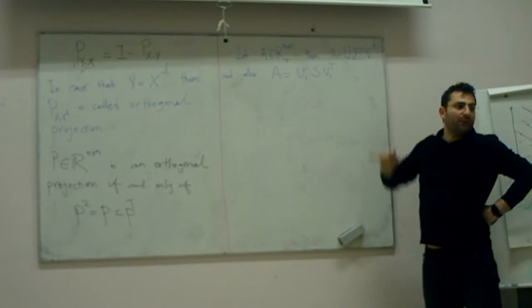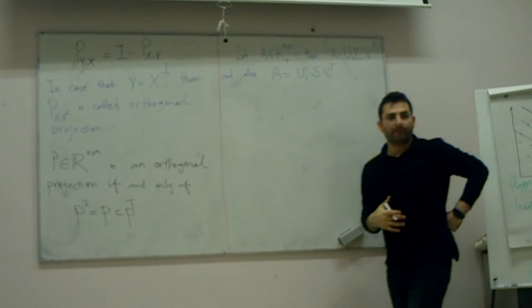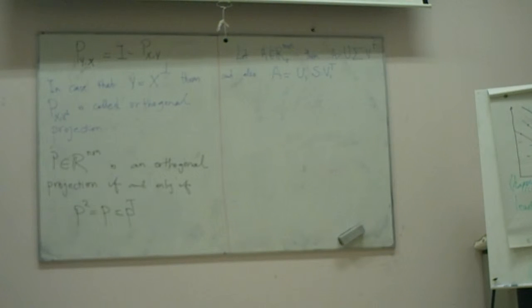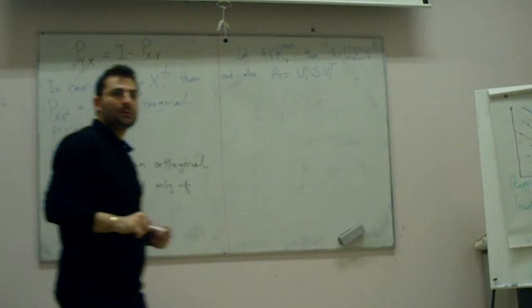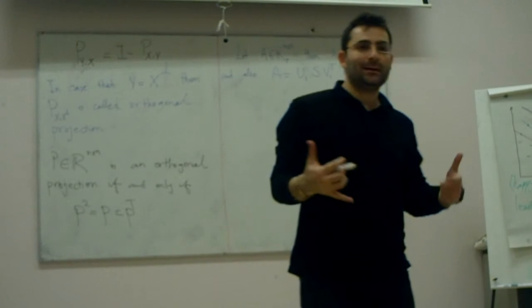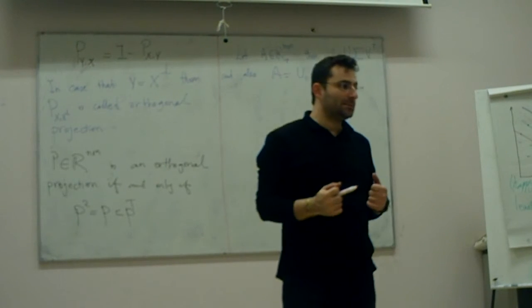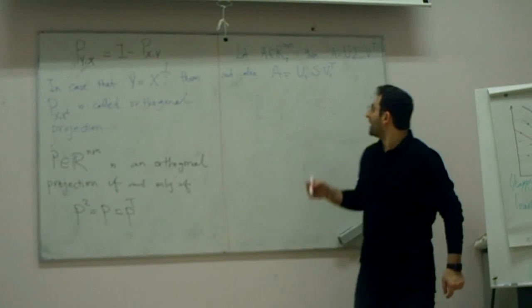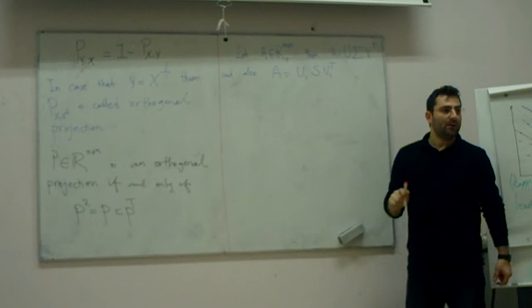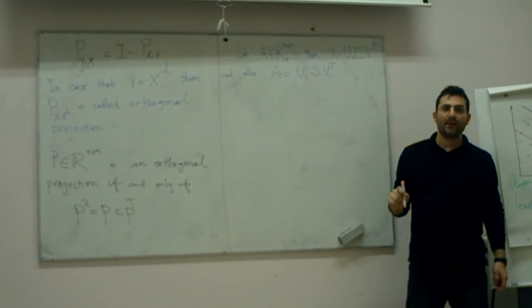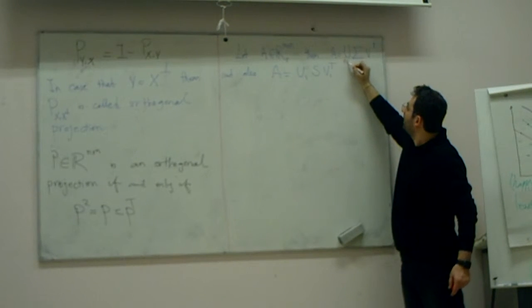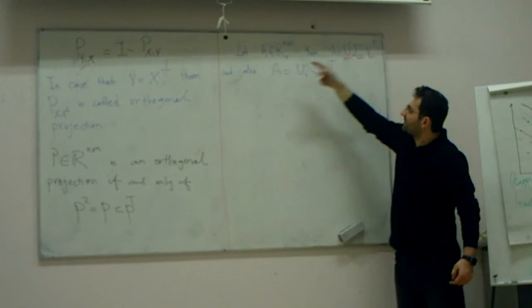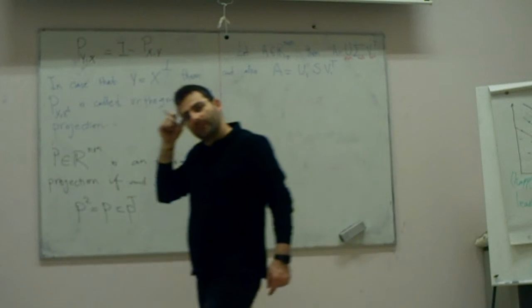What is the property of U and V? There are two properties they have. They are orthogonal, and they are square matrices. So can you tell me what is the size of U now? M by m, and this one is n by n. And sigma always has the same size as the matrix.